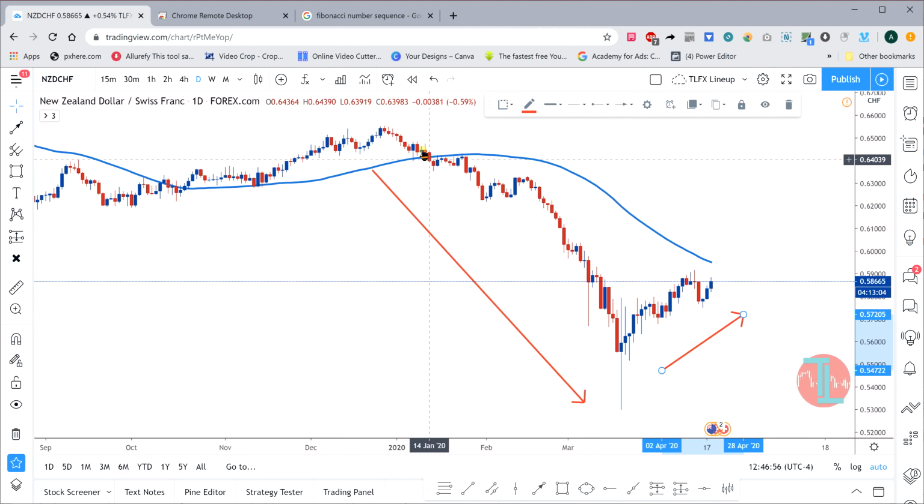Now, what do we know about downtrends? Once we break certain levels on a downtrend, we look for retracements. As part of the retracement, you're going to get an opposite move in the market. Especially coming off of this huge wick right here, which shows the huge demand zone. Demand got gobbled up, shot up, and now is being held up here. So yes, technically we are in an uptrend.